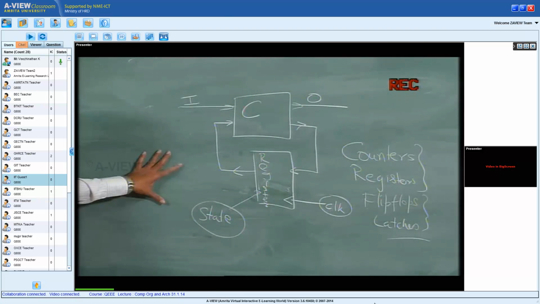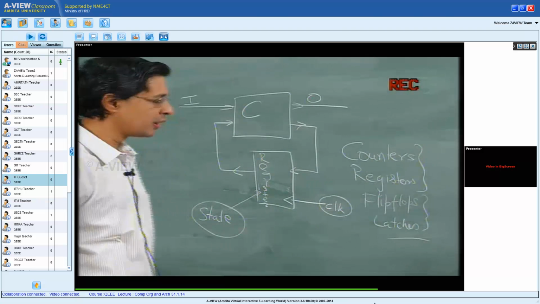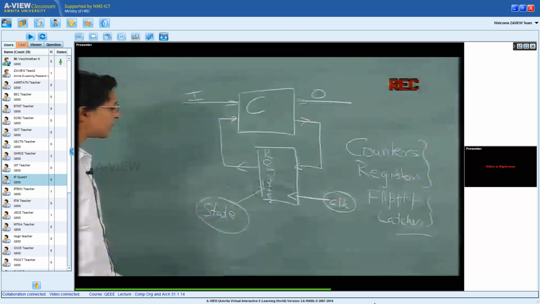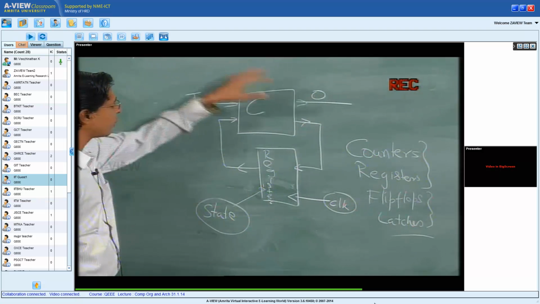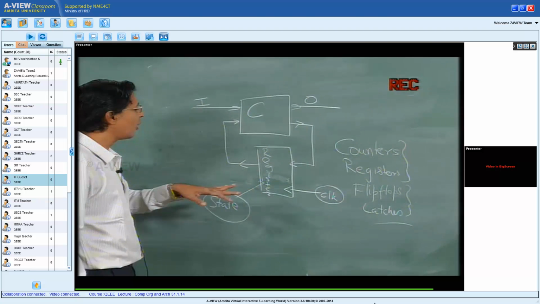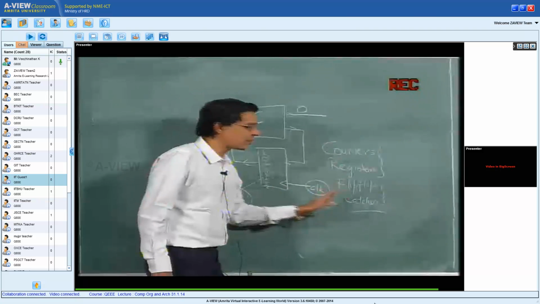All these concepts you would have learnt in your digital circuits course. Just to wind up this discussion, this representation is a generic representation of a sequential circuit, and these are examples of a sequential circuit.